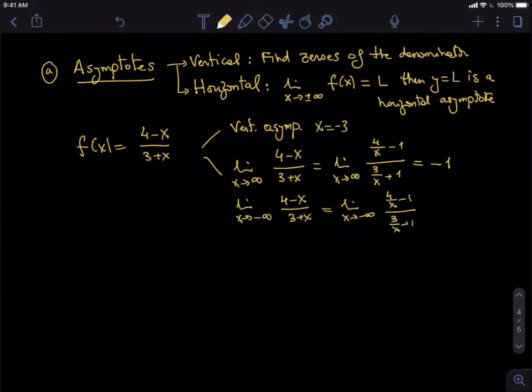Now 4 over x and 3 over x are negative numbers, but they are getting smaller and smaller, and at some point they vanish. They don't matter. So we still get -1. So we get y equals -1 as a horizontal asymptote, both to the right and to the left.